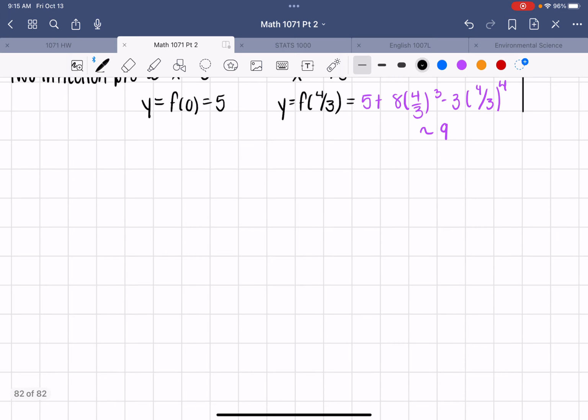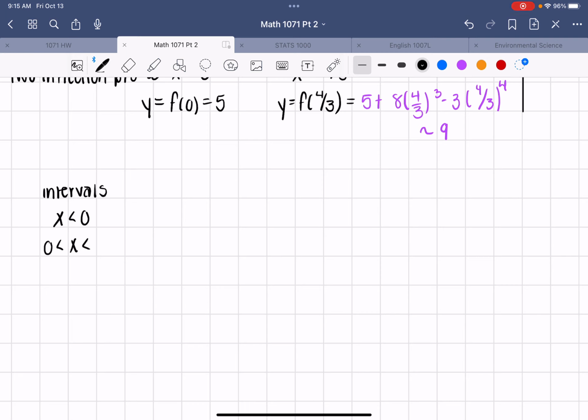So, left of 0, between 0 and 4/3, to the right of 4/3.